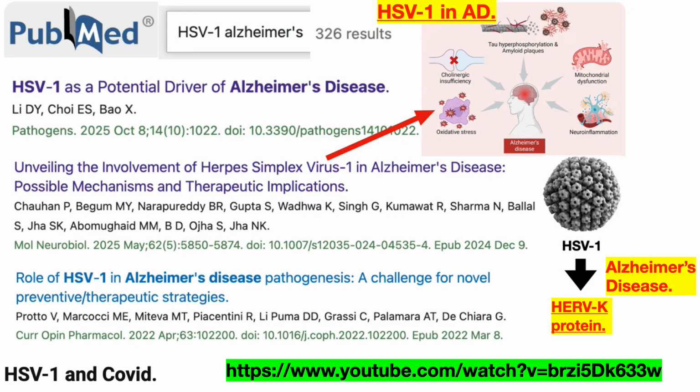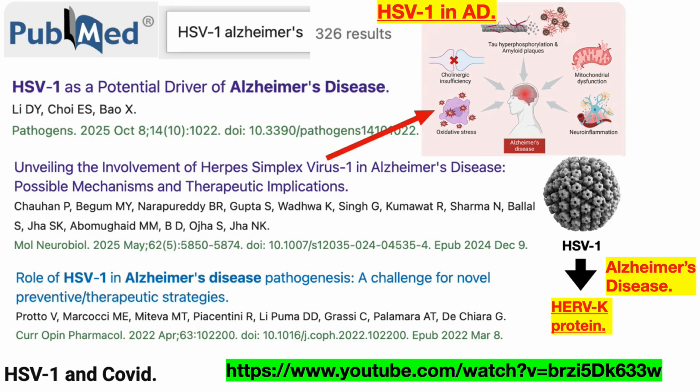And this is pertinent to specific disorders such as Alzheimer's disease. So HSV1 in Alzheimer's disease, several recent references. HSV1 is a potential driver of Alzheimer's disease, unveiling the involvement of herpes simplex virus 1 in Alzheimer's disease, possible mechanisms and therapeutic implications.